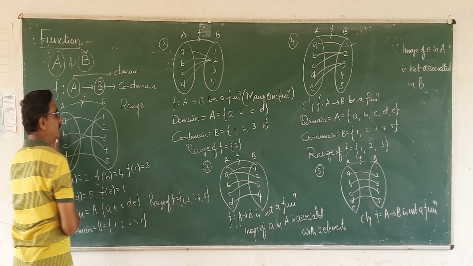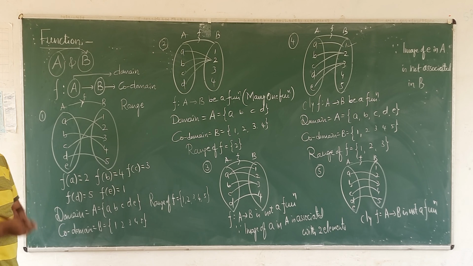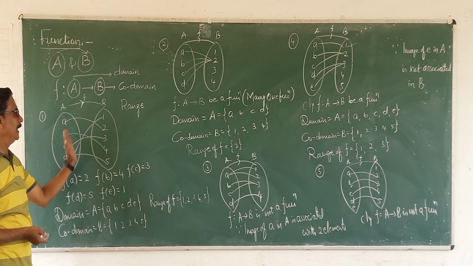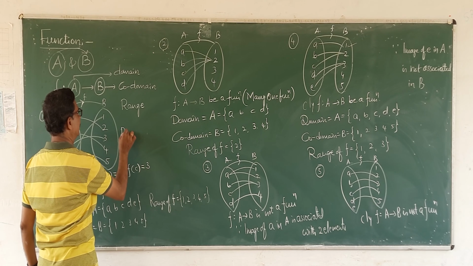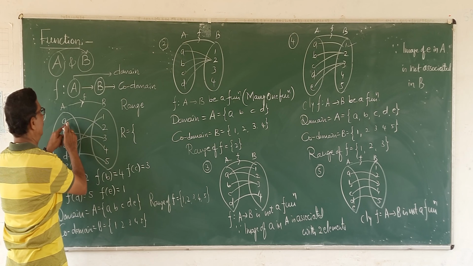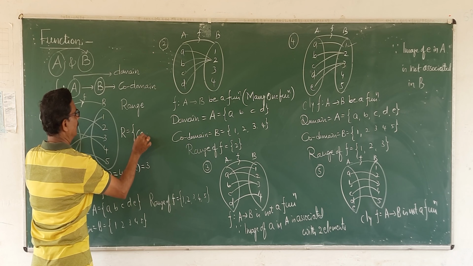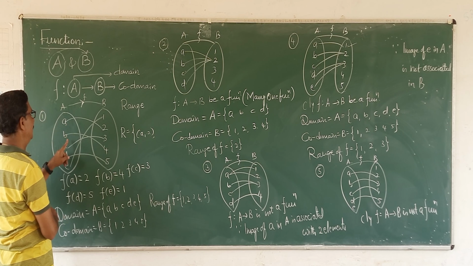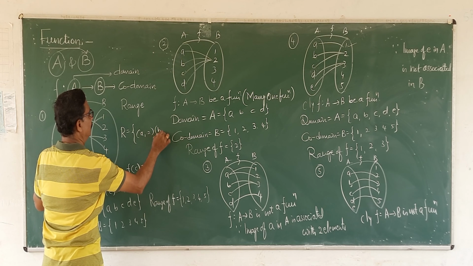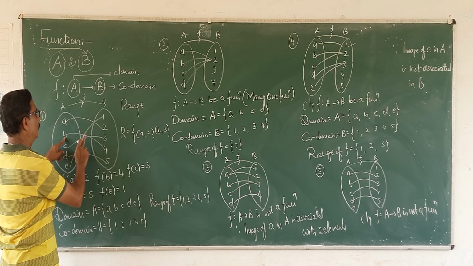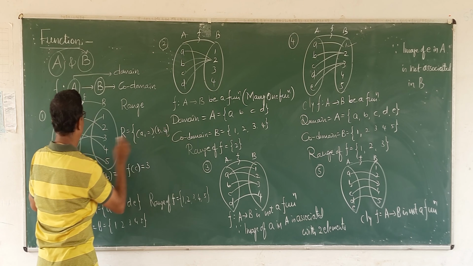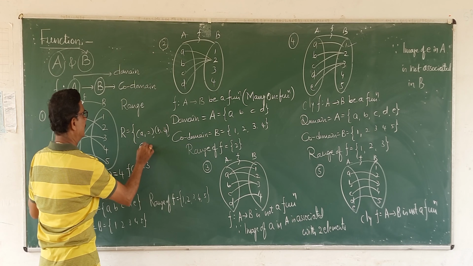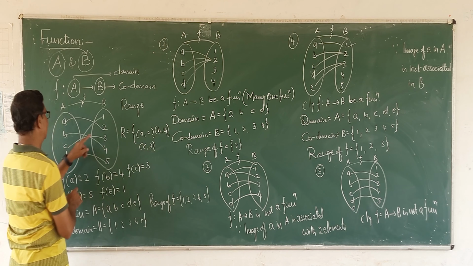Now the function is a special type of relation. Take the relation R = {(A,2), (B,4), (C,3), (D,5), (E,1)}. A2 means the image of A is 2. B4 means the image of B is 4. C3, the image of C is 3.